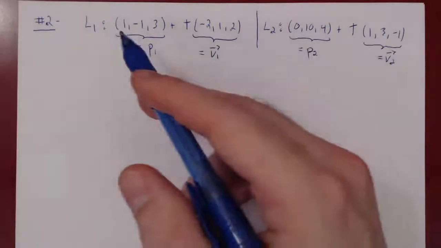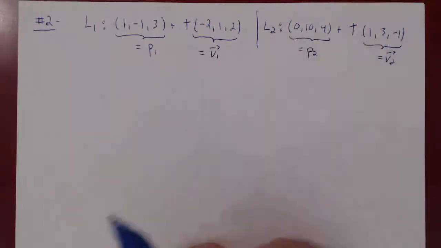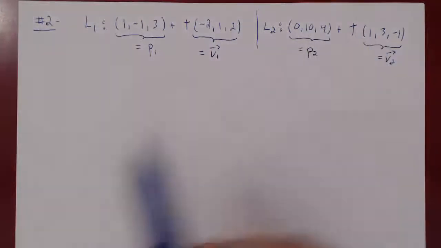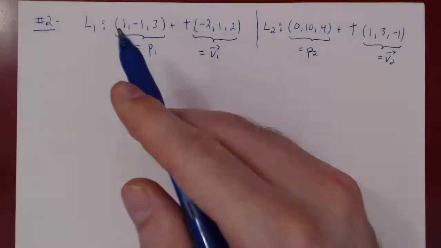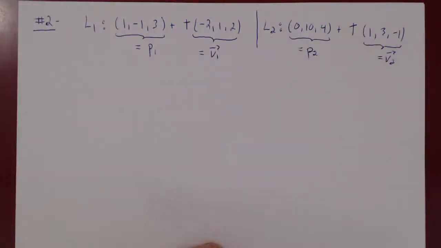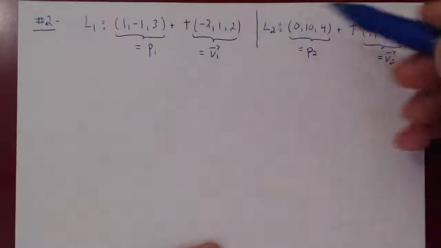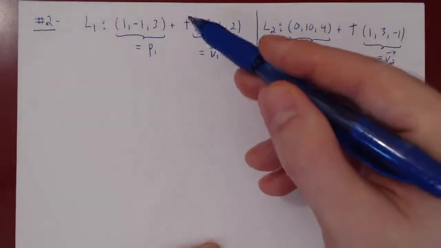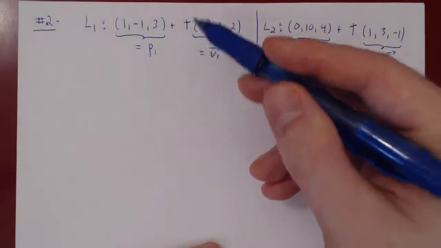Now the question is, how do we figure out algebraically how to intersect these two lines? It may not be obvious in the vector form, but it will be if we write the parametric equations of both lines. Now you have to be careful here. We're using t in both cases, but t here is a dummy variable. It ranges over all real numbers.